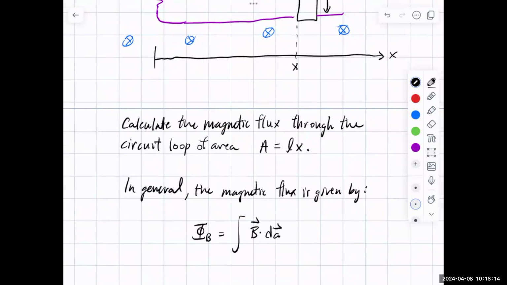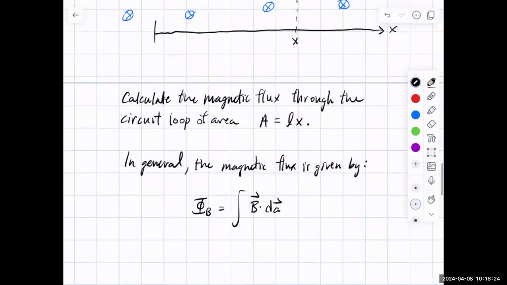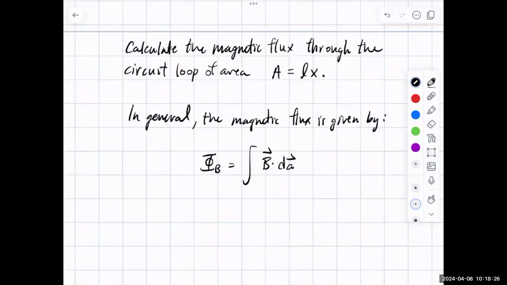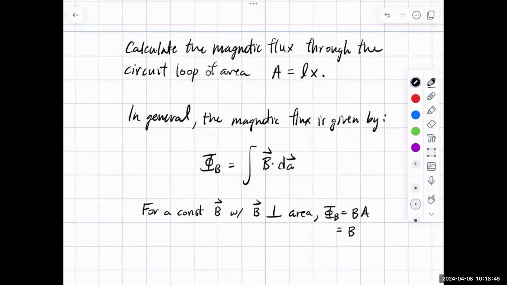So it's the integral of B dot dA. So as I said, in this case, for a constant magnetic field that's perpendicular to our area, this simplifies quite a bit. For a constant magnetic field with B perpendicular to our area, the magnetic flux is just going to be equal to B times A, which is BL times X.